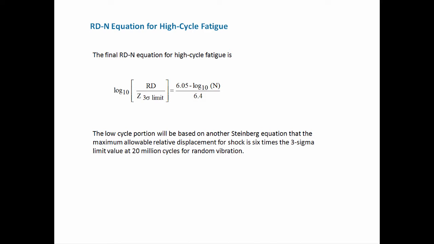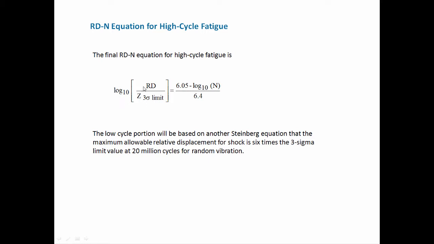By the way, I based this on the Miner's type cumulative damage index where failure would occur at 0.7, which is the value that Steinberg recommends in his reference book. And after a number of hours working on that, I came up with this formula.